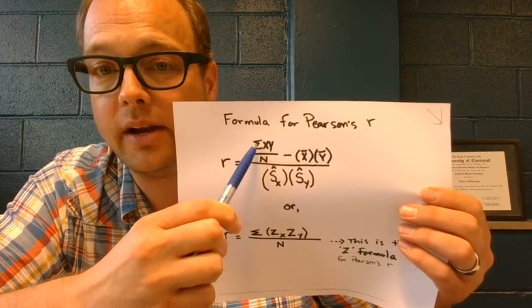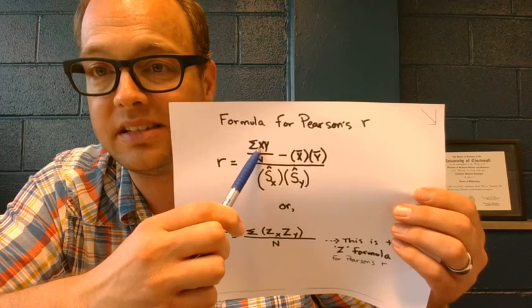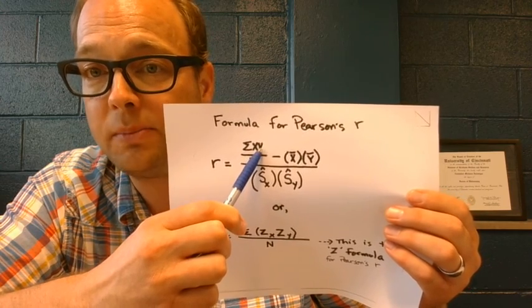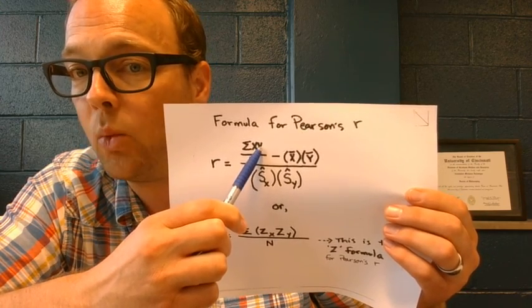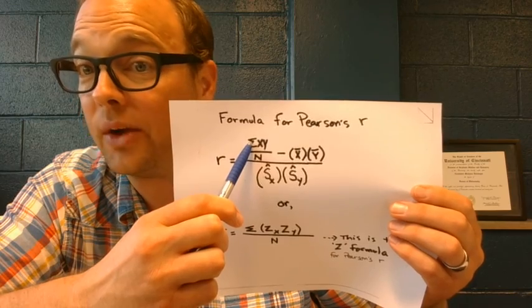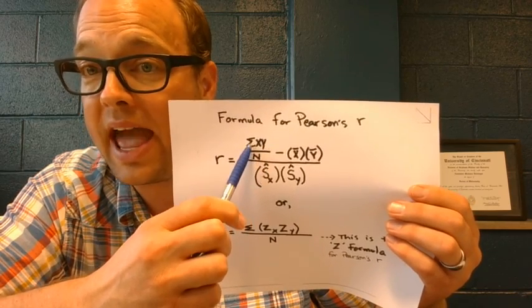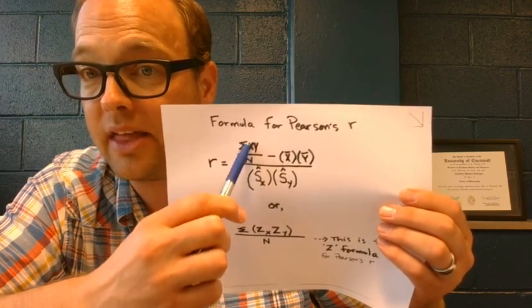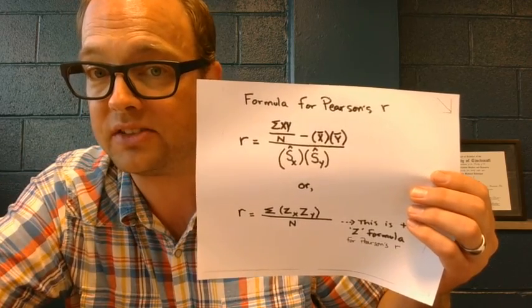So this symbol, sigma x times y, is telling us to take each x, multiply it by its corresponding y, and then add them together. Add all those products together after you multiply x times y.